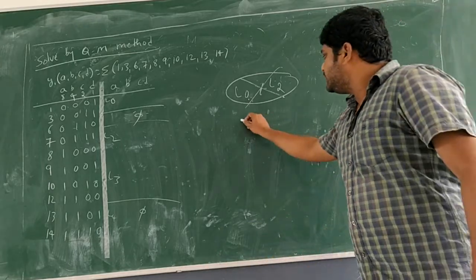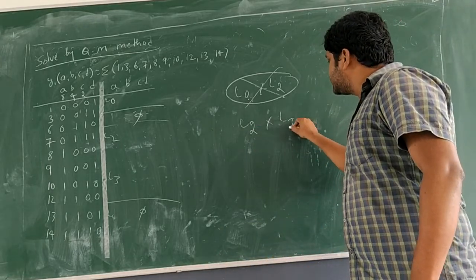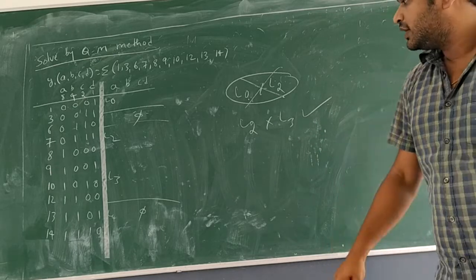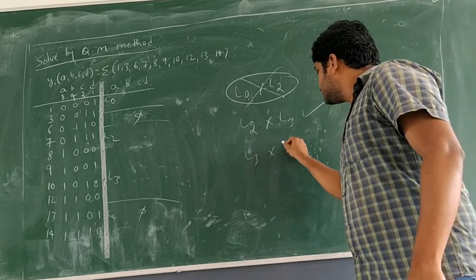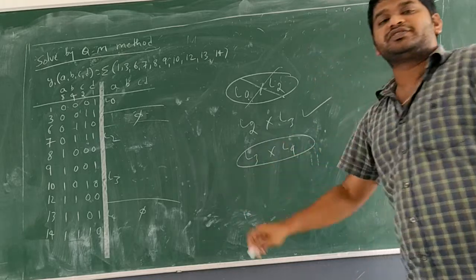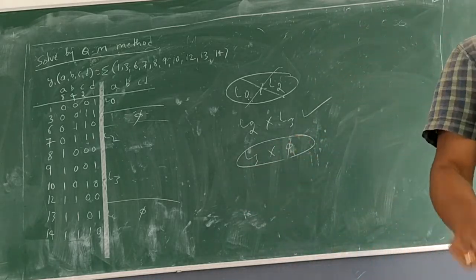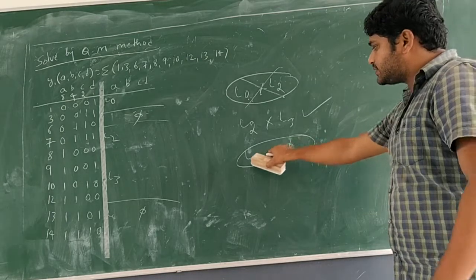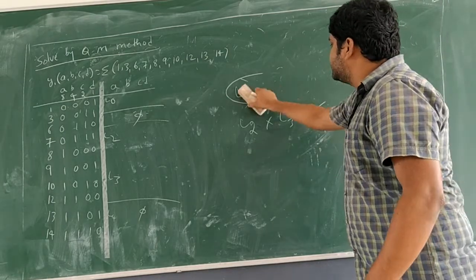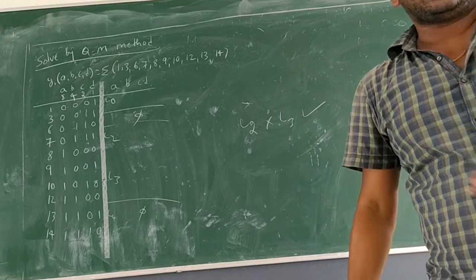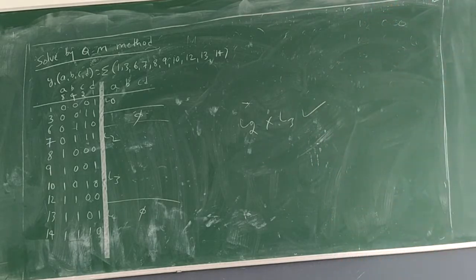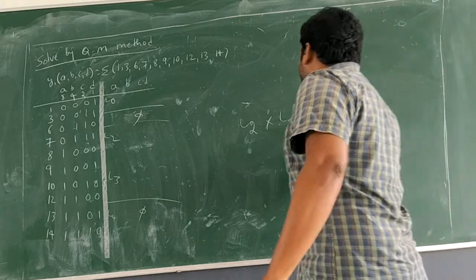L2 with L3 is allowed. L3 with L4 is not possible because L4 is an empty set. So only one comparison, L2 to L3. Comparisons may or may not exist, but where we have to do them is important. Okay, fine. Let us continue.